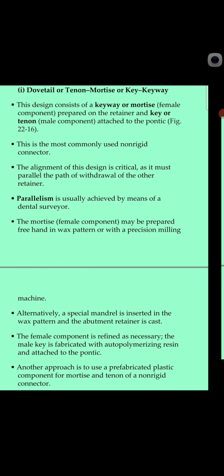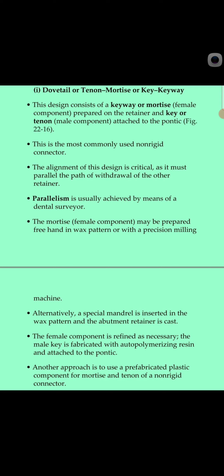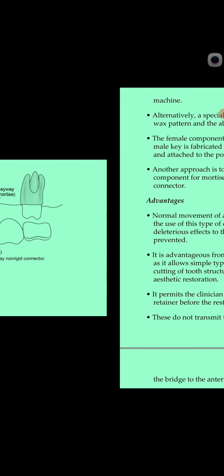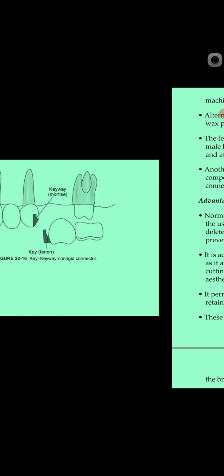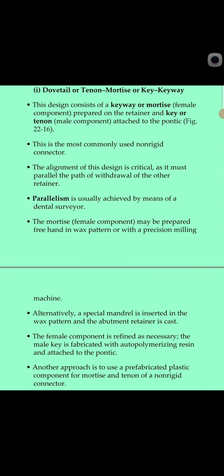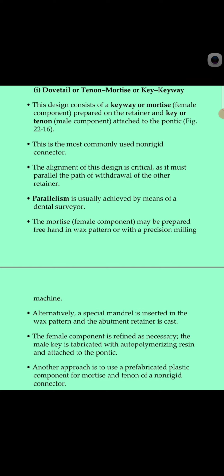This design consists of a keyway or mortise, the female component, and a key or tenon, the male component. The female component is prepared on the retainer and the key or tenon male component is attached to the pontic.